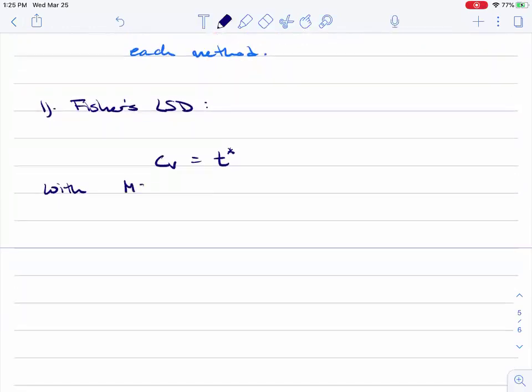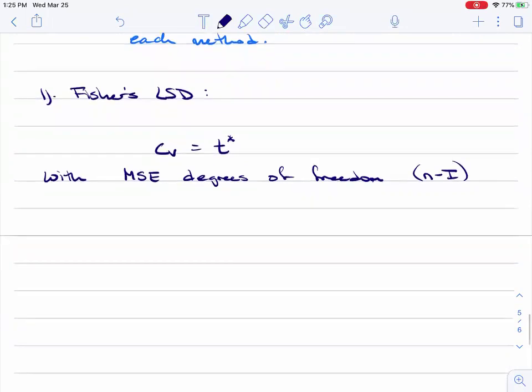With the mean squared error degrees of freedom, which is just n minus I, and the individual alpha of choice, right? So usually that's 0.05. Okay.